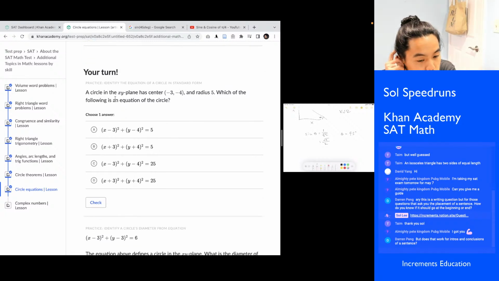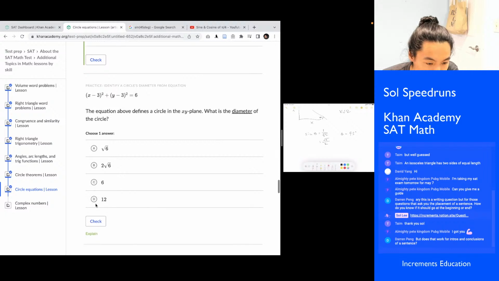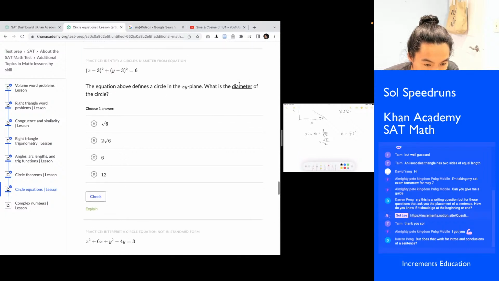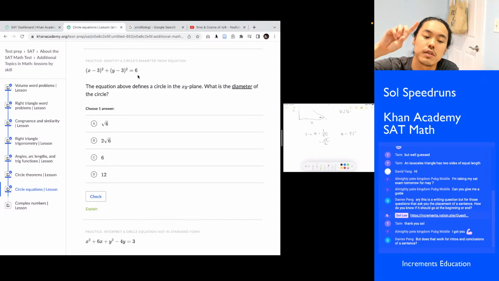A circle on the xy plane has -3, -4. Okay, so I need -3, -4. That's this one. Radius 5. No. -3, -4, radius 5. Do it. Just do it. What's the diameter of the circle? The diameter of the circle is 2 square root of 6. Yeah.